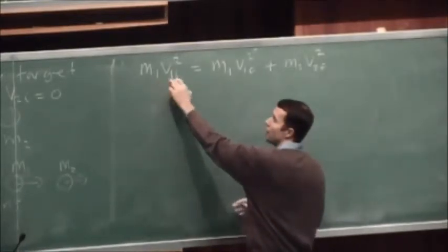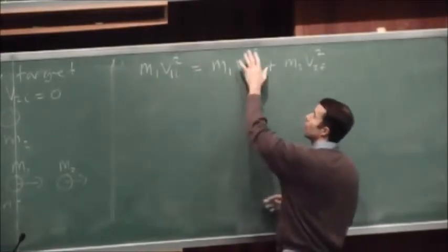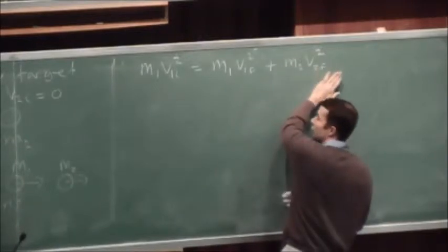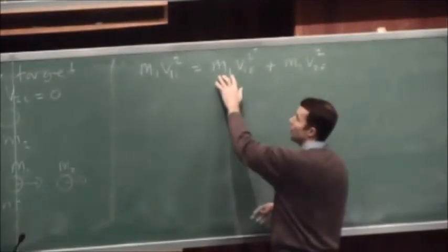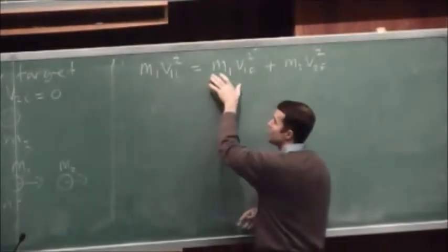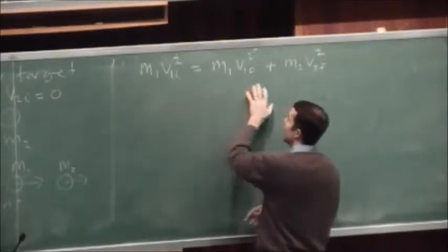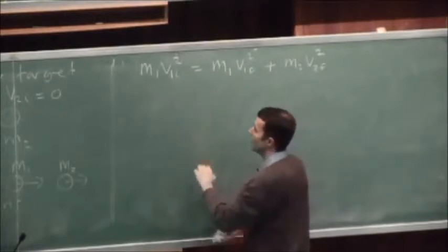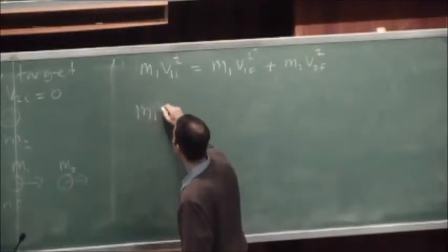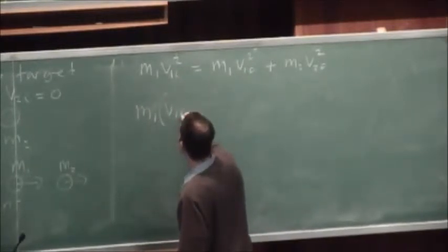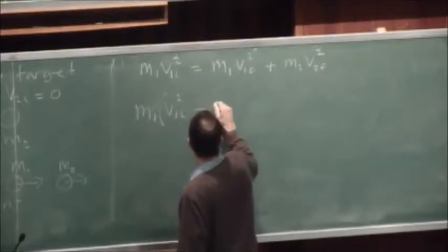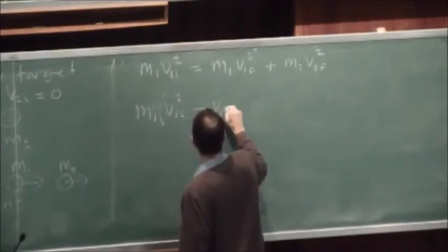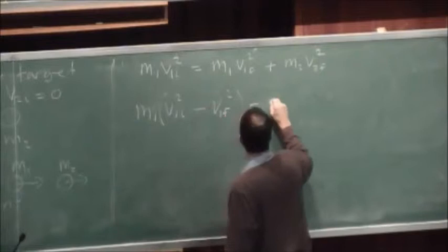So I have M1 V1 initial squared is equal to M1 V1 final squared plus M2 V2 final squared. Now, I'm going to bring everything that has to do with mass 1 onto one side and everything that has to do with mass 2 on the other side. So this gives me M1 times V1 initial squared minus V1 final squared.